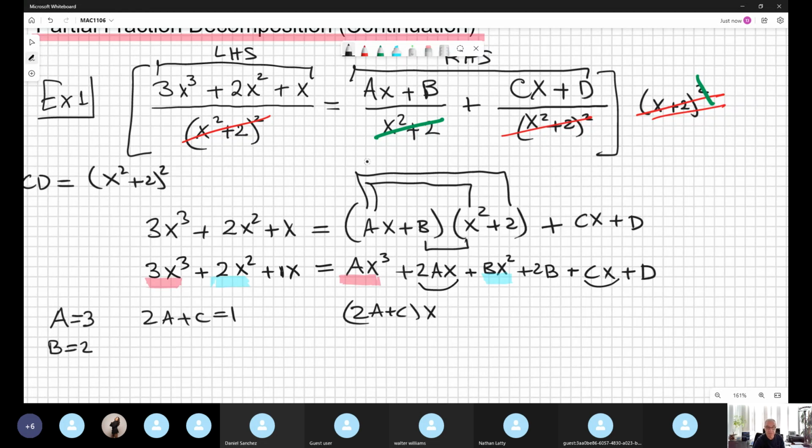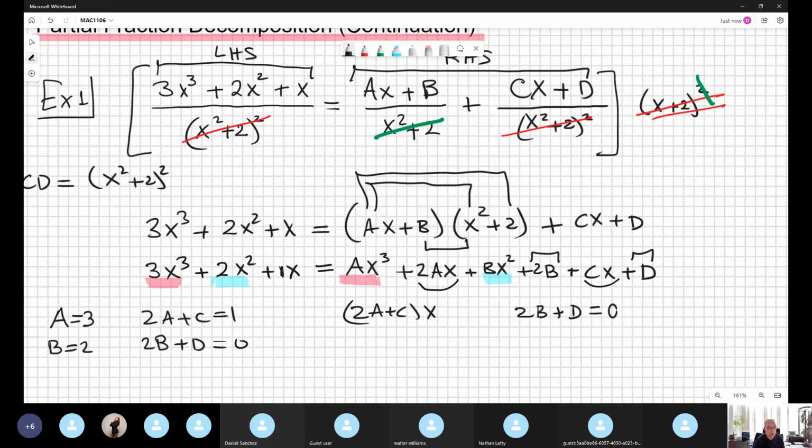And finally, let's see what happened with the rest. Is 2b plus d equal to 0 because we have no term in the left hand side without x. So actually we have 2b plus d equals 0.